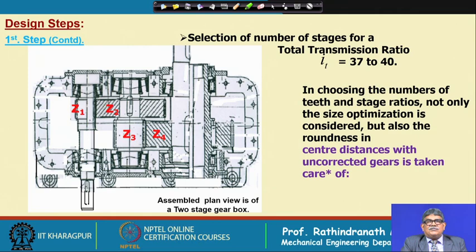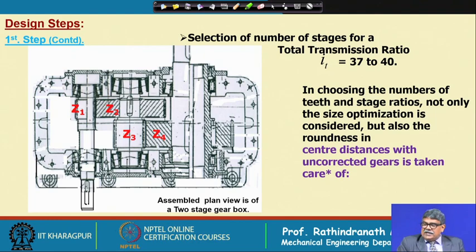For that type of contact, there will be an increase in dynamics, because if there is an error every 3 cycles, that error will be propagated, and it is called tooth hunting. To avoid that, usually the ratio is made a fraction as much as possible.